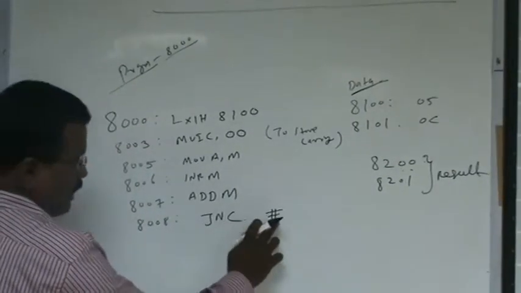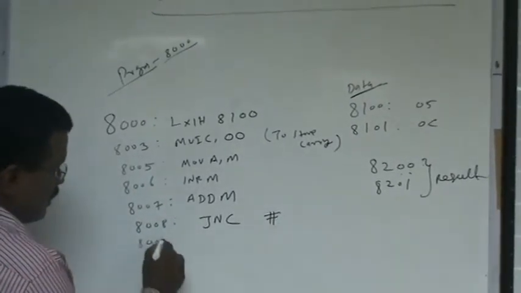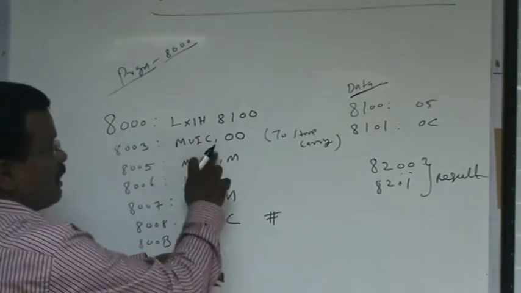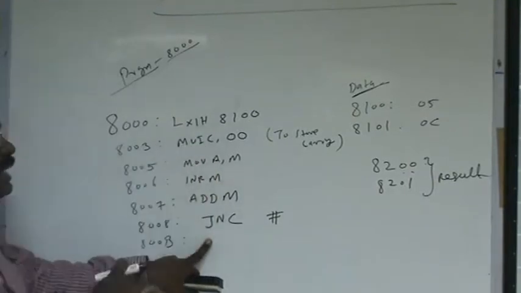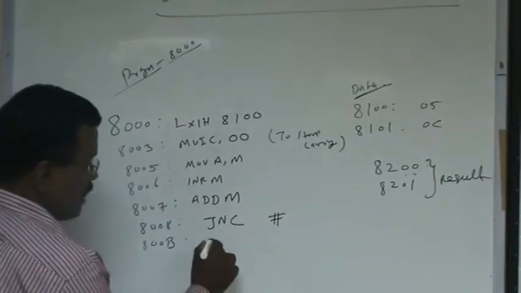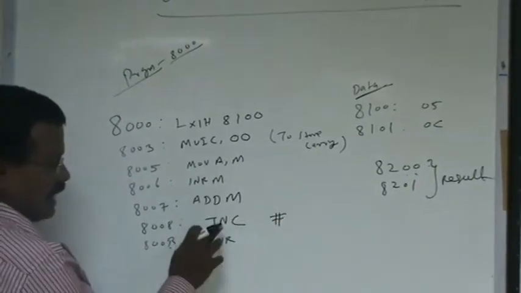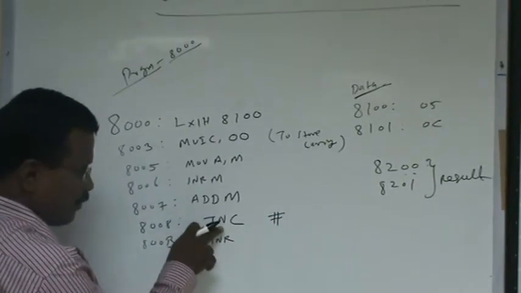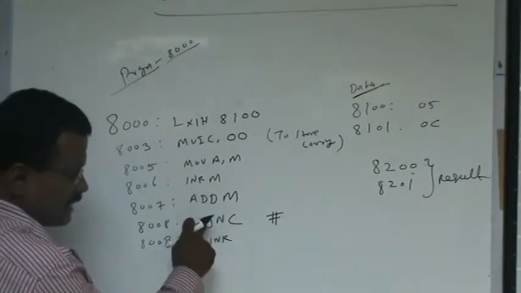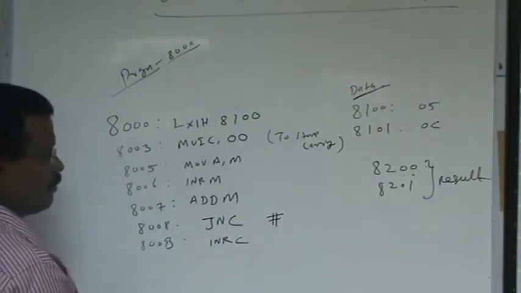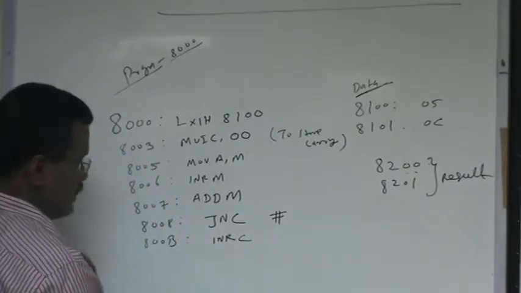So 89A in 800B. If there is any carry, we have to increment the register which is allotted for carry flag. So if there is any jump on no carry means it will go to some other place. If there is a carry, the instruction which is followed by this instruction is executed. So INR C, I am incrementing the C register.